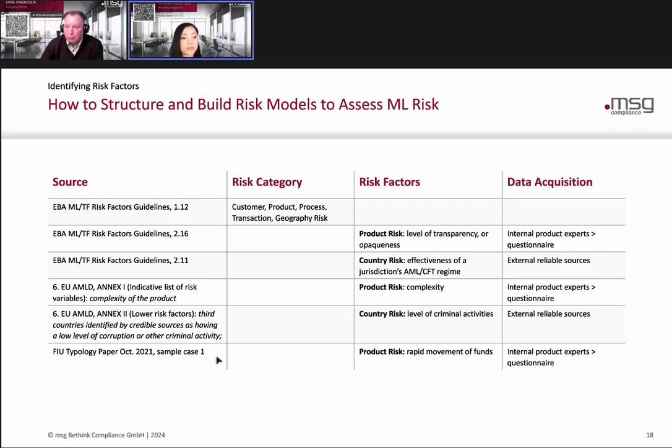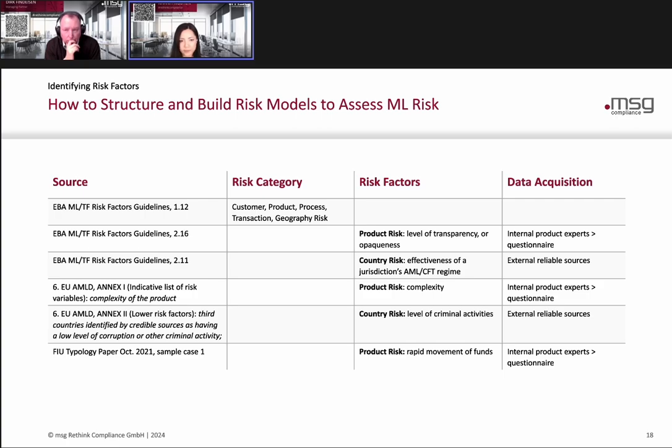Take an example case where a lot of cash transactions are found on an account, and it's then being transferred abroad. It's then the task to identify what is the objective or abstract risk factor related to a product.